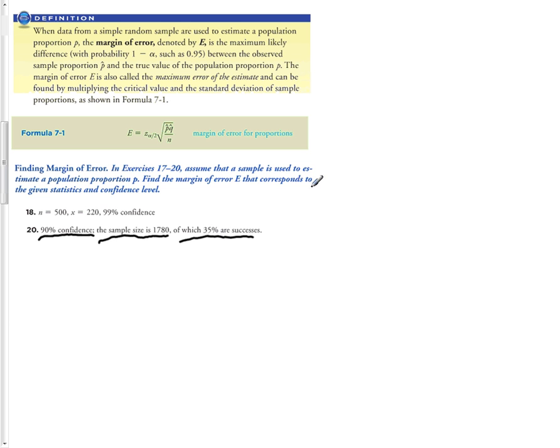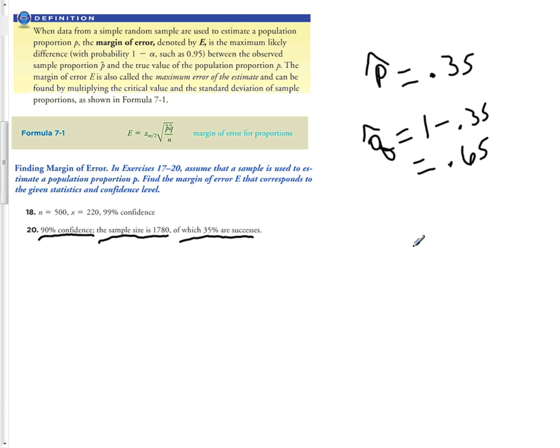It's given to me. So I know p hat is equal to 0.35, which means I also know q hat. Q hat is equal to 1 minus p hat, which is 1 minus 0.35. So q hat is actually 0.65. So I have p hat and q hat.